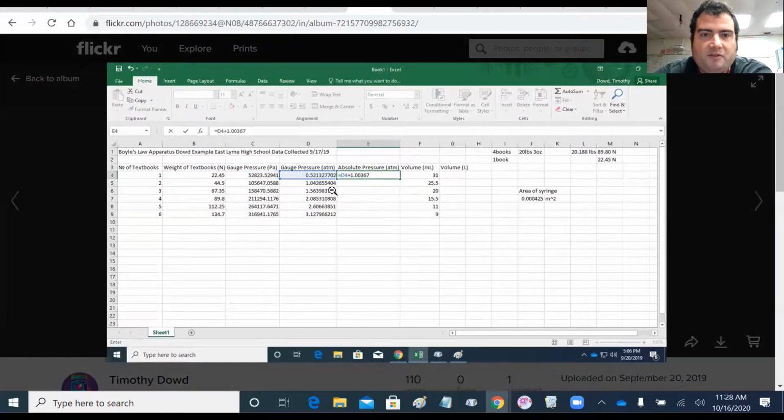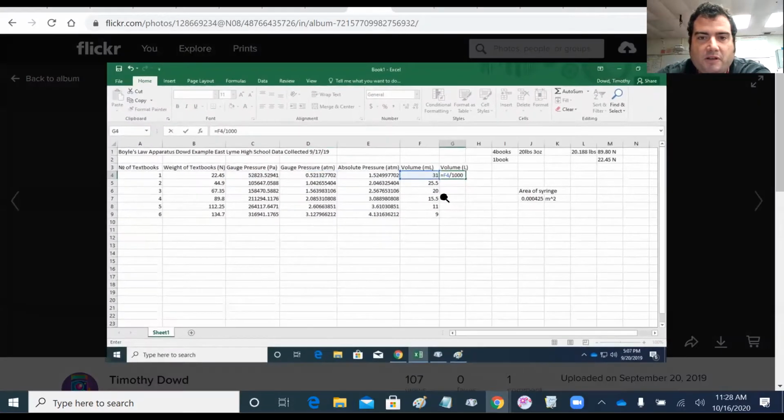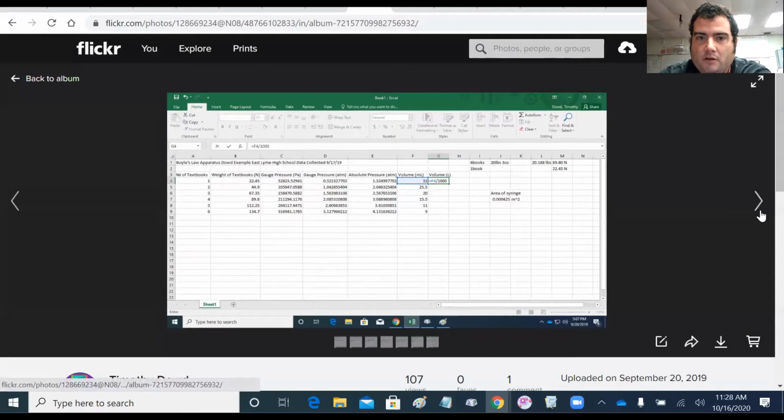And then to get the absolute pressure, I added in the atmospheric pressure on the day we did this experiment. The last thing I had to do was convert from milliliters to liters, since we're using liters, atmospheres, moles, and Kelvin. So I divided all milliliters, or cubic centimeters, by 1,000. And I'm left with that data.